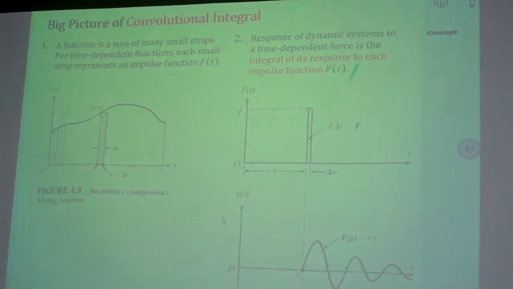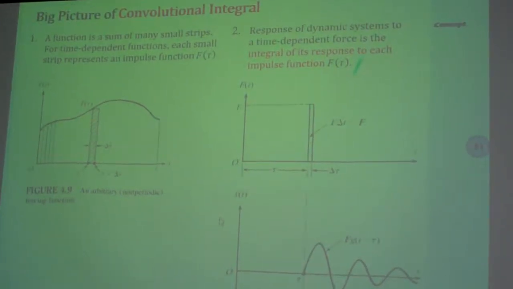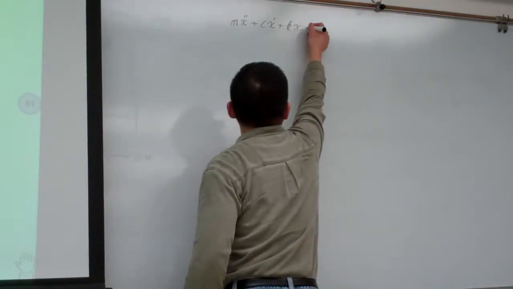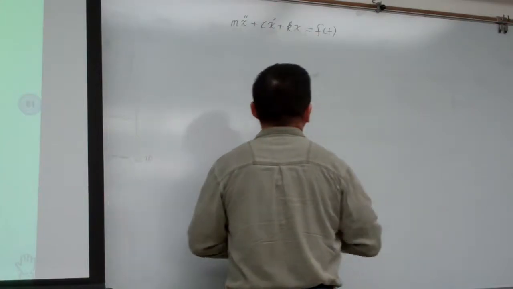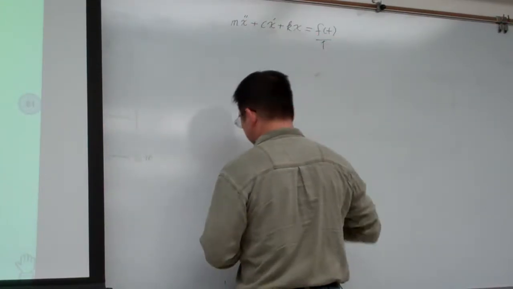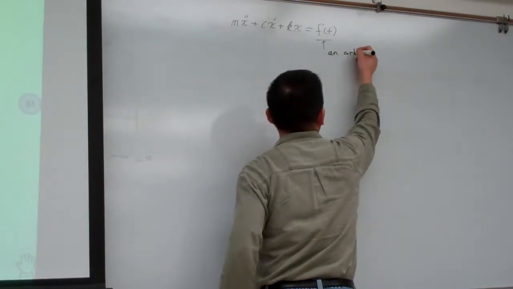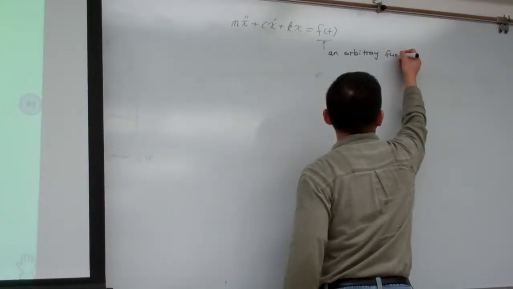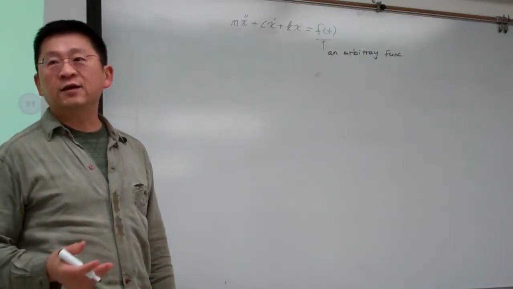The idea of applying the convolutional integral for solving the problem is this. If we consider a general system, m x double dot plus c x dot plus k x equal to f of t, and f of t can be arbitrary, an arbitrary function. It doesn't have to be periodic, doesn't have to be harmonic, it can be arbitrary.